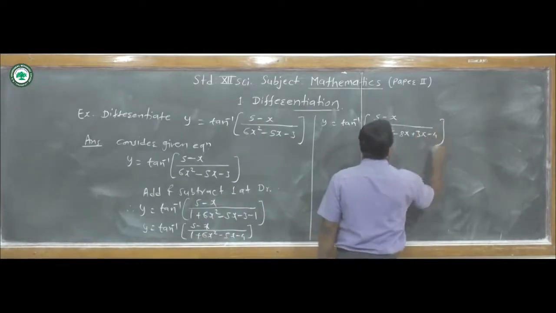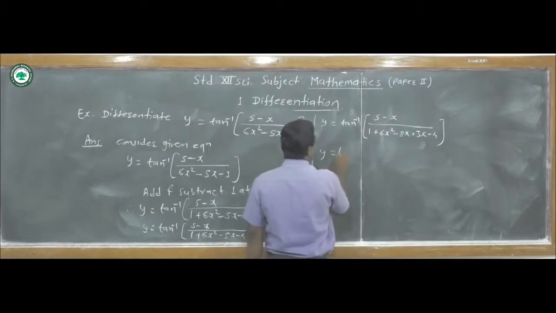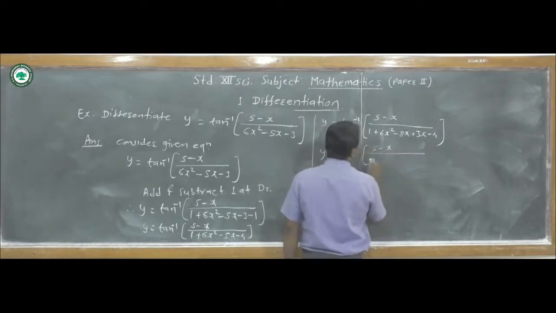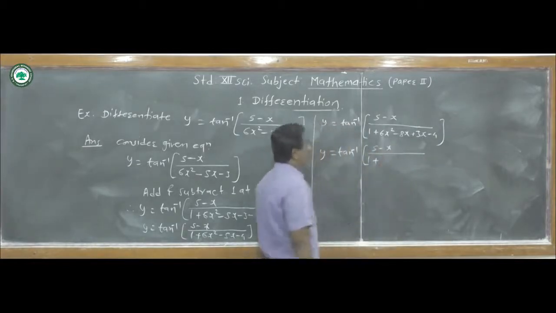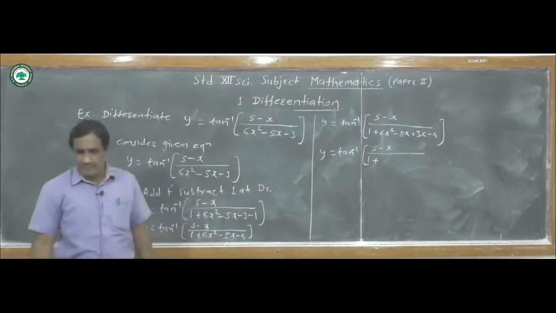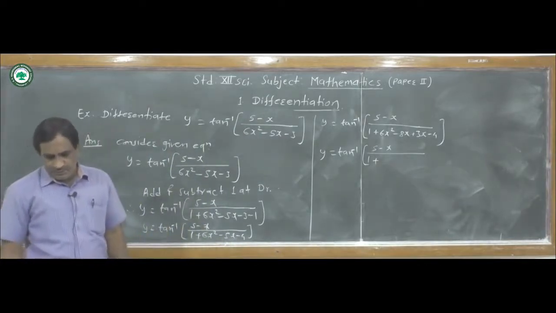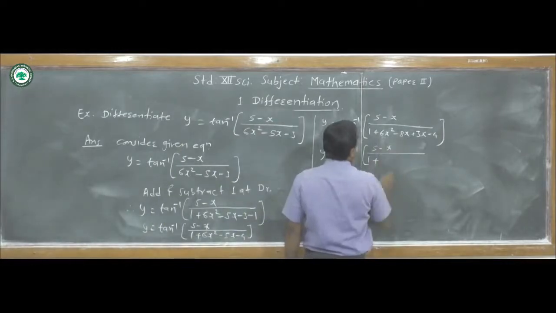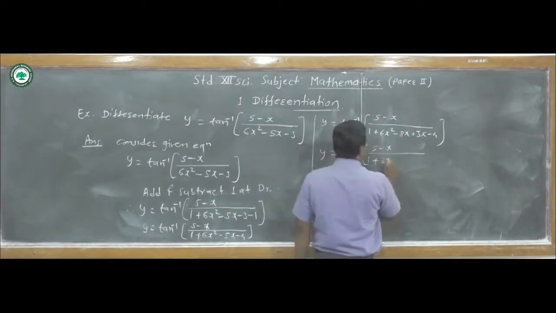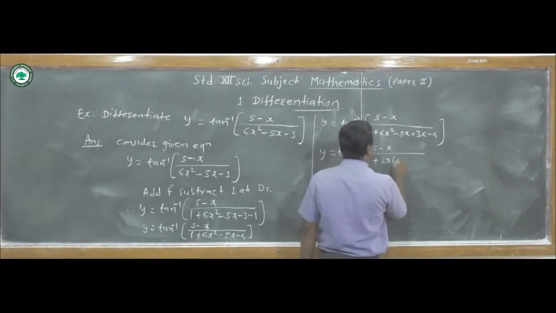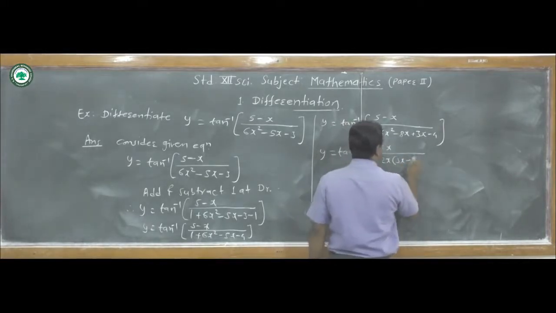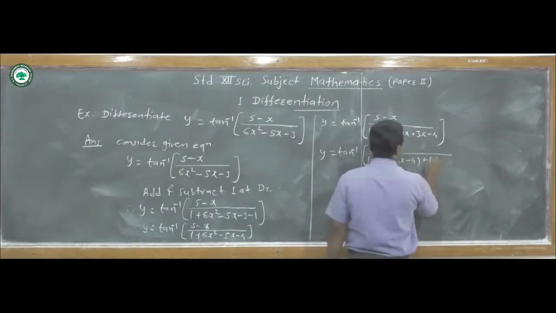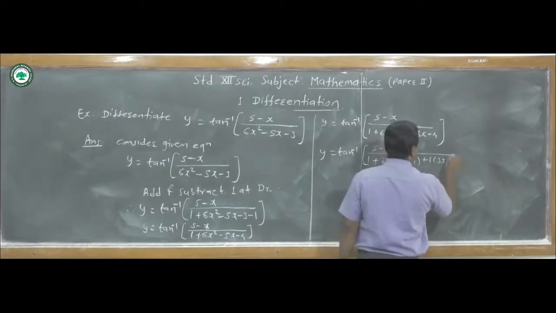That is equal to tan inverse of (5 minus x) upon 1 plus, here take common 2x: 2x into in bracket remains 3x minus 4, plus, here take 1 common, in bracket remains 3x minus 4.